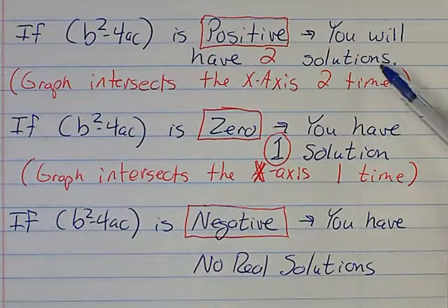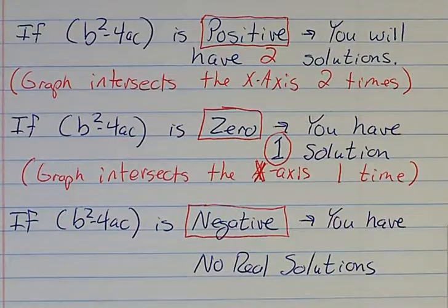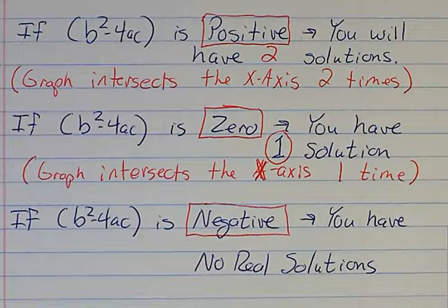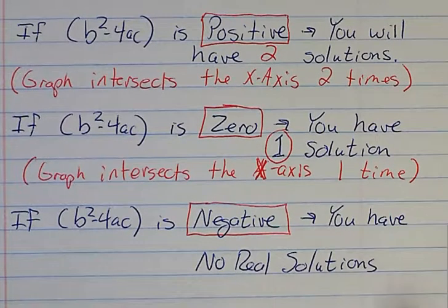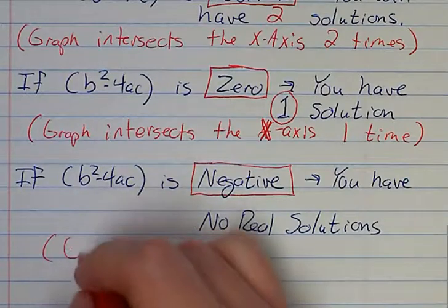So we went from having 2 answers to 1 answer, now you've got no answers. Because if you take the square root of a negative number, your calculator says, I'm not going to do it. And if you have no real solutions, that means the graph doesn't touch the x-axis.